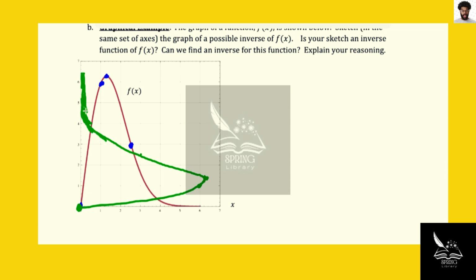Make it as smooth as you can. But it's going to be flipped on its side.